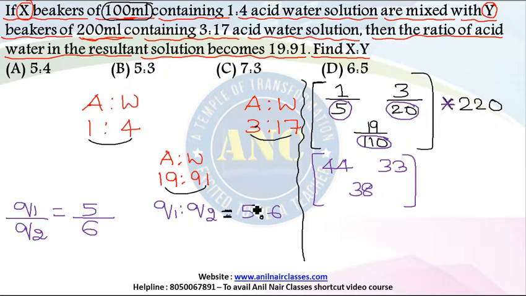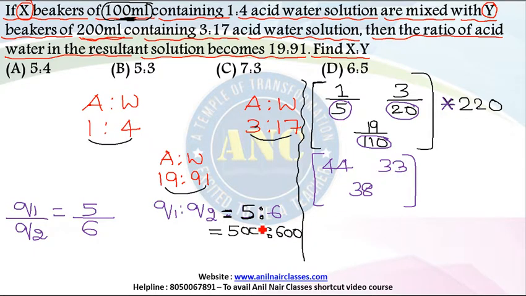That means if you are writing 5 here, and each can is of capacity 100 ml, this should be a multiple of 5. It should also be a multiple of 100. So I will take it as 500. So the first capacity is 500 ml. If it is 500, the next one should be 600, because the ratio should be 5:6, right? It should be 600.